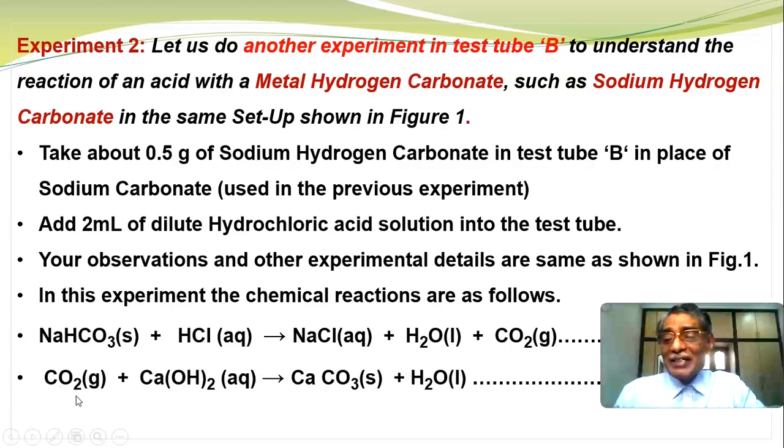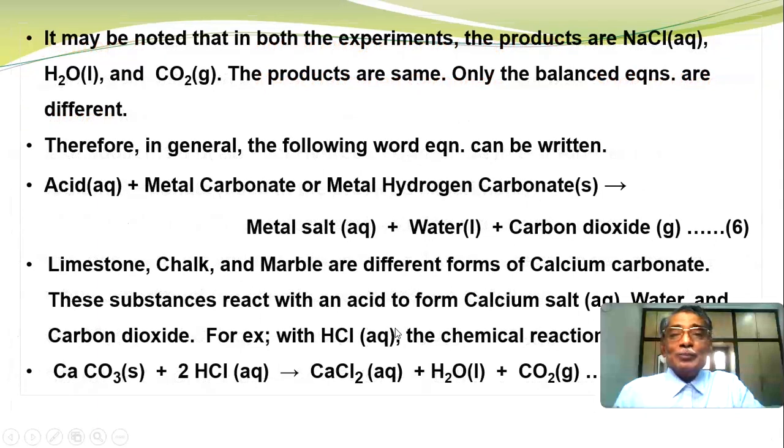See, and then CO2 gas plus Ca(OH)2 aqueous gives rise to CaCO3 solid, that is white precipitate, calcium carbonate, plus water. It may be noted that in both the experiments, the products are NaCl, H2O and CO2 gas. The products are the same, only the balanced equations are different.